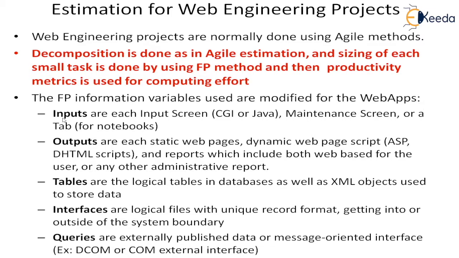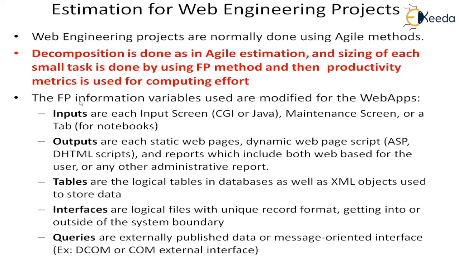So we will have the similar 5 information variables that we used in our function point analysis. The first is input, then output, then tables, which, if you remember, were internal logical files. And then we had the external interfaces, and then we had the queries.